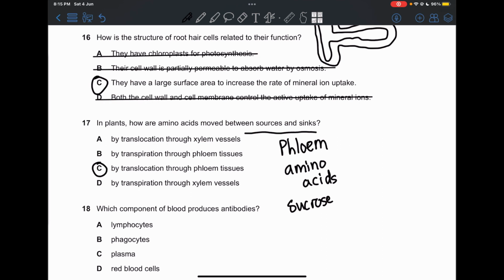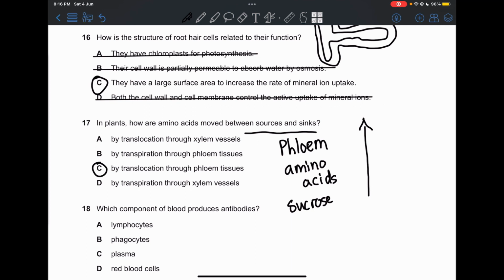Xylem is actually a unidirectional tissue, and translocation is bidirectional. Unidirectional means it will just move in one direction, like this. It will move from the soil to the leaf to transport the water from the roots into the leaf, and it will not go downward. So this is just unidirectional, which means one direction.